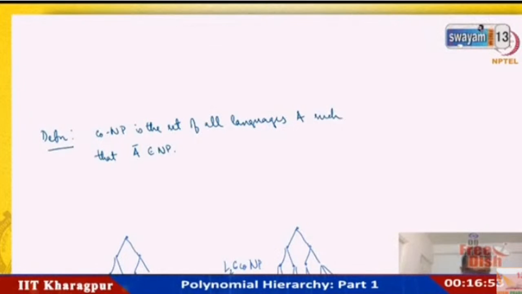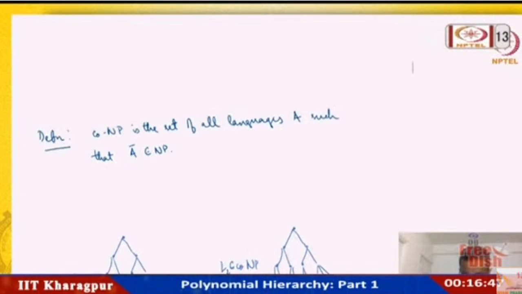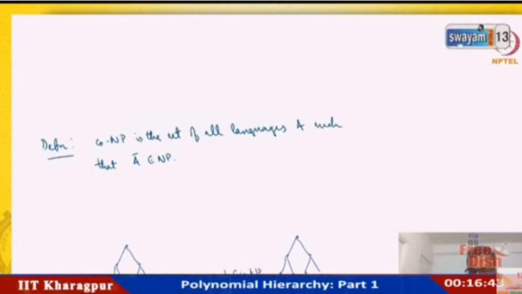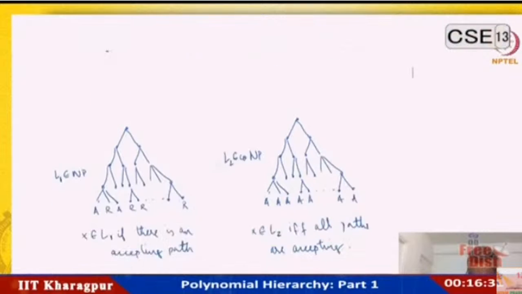So it is the set of all languages such that A complement is in NP. If you have a language A whose complement is in NP, then A is in CoNP. So CoNP is the class of all languages whose complement is in NP, right?